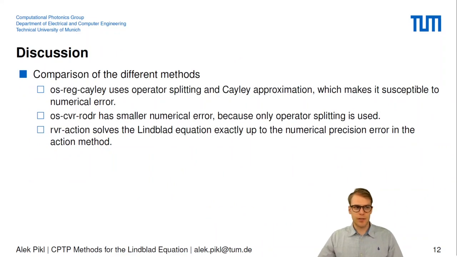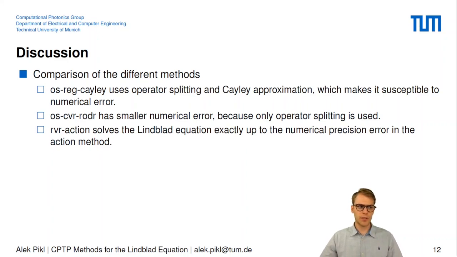Let's discuss the results a bit. So first, theoretical comparison of different methods. We know that the os-reg-cayley uses operator splitting and Cayley approximation, which makes it susceptible to numerical error, because there are 2 approximations happening.